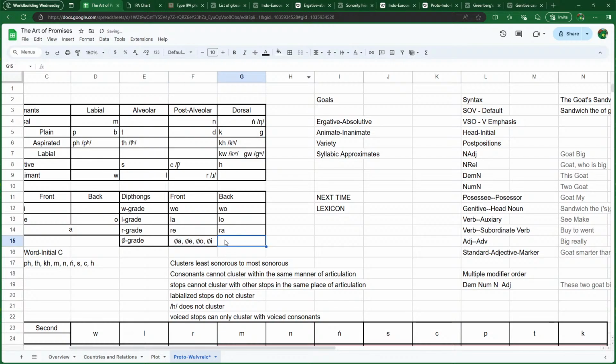Oh, I can just unmerge it. So, there we go.